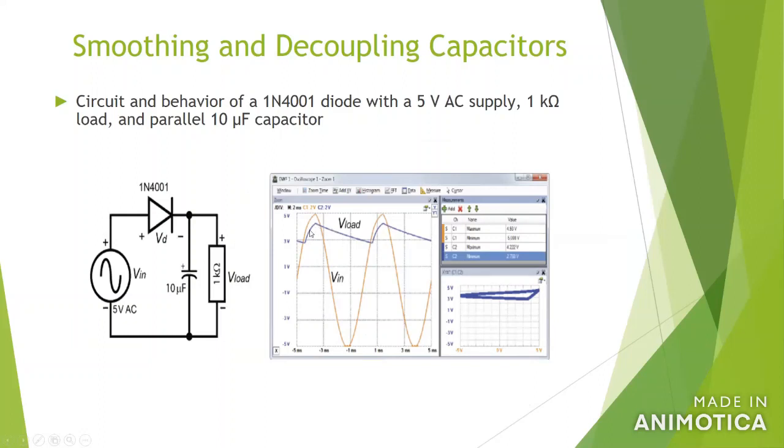It's not a real DC voltage, but it's almost DC voltage, even though the input is AC. That's what we can do with a diode and a capacitor. You can see how important a diode is to most of our electrical circuits.